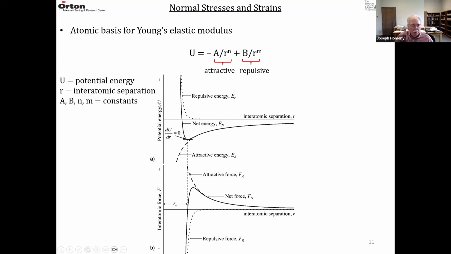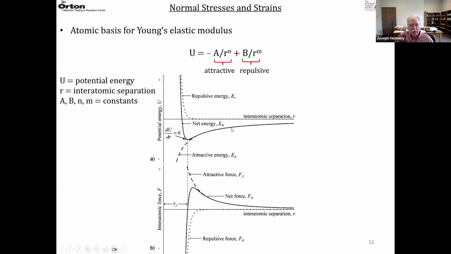So if we plot potential energy versus R, the interatomic separation, this first dotted line here is the repulsive term. That's this term here. The second dotted line, and it turns into this solid line, is the attractive term. So the sum of these two is this solid line.